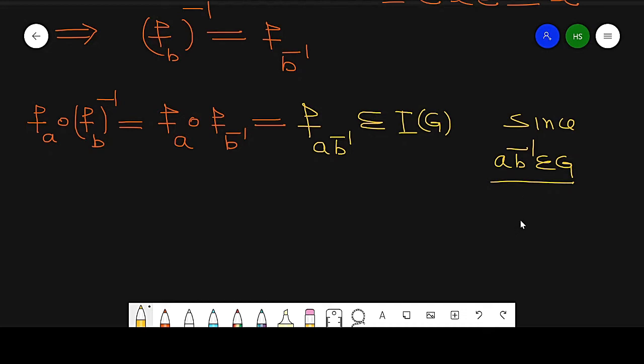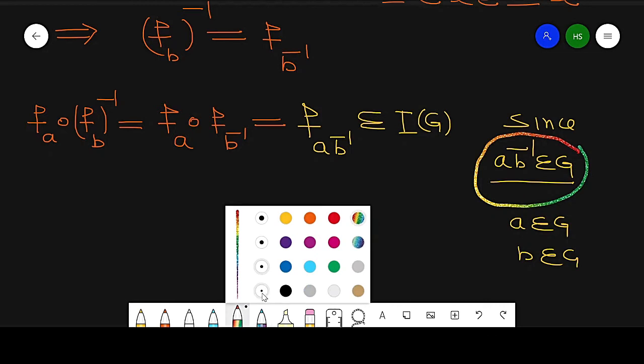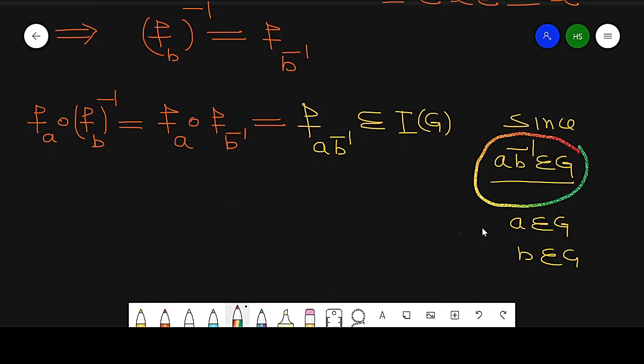Because a is an element of G, b is an element of G, and G is a group, so it satisfies this property. So a b inverse belongs to G. If a b inverse belongs to G, it means this f_{ab inverse} belongs to I of G.